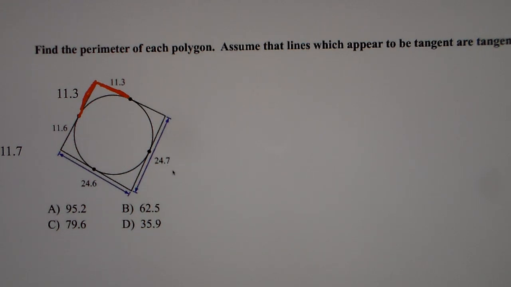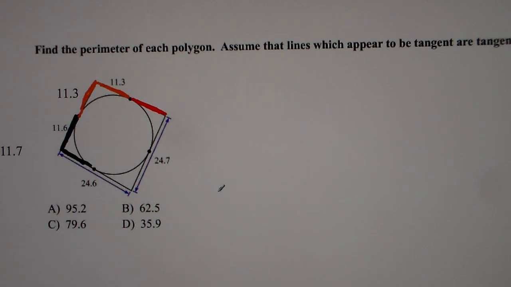Now, what makes it a little bit trickier, we got to find this red guy. To do that, we got to go around the circle here. Because unfortunately, it's not double, and it's not half. We have to do a little addition postulate around the horn here. So if we know that this guy is 11.6, that means this guy is 11.6.